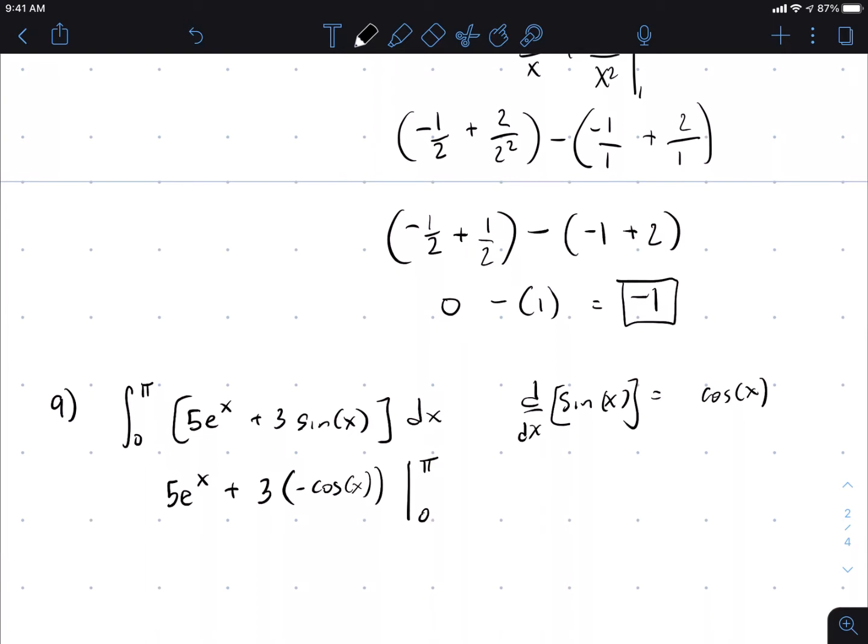But if I take the derivative of cosine of x, what do I get? Negative sine of x. So the derivative of cosine gives me negative sine.